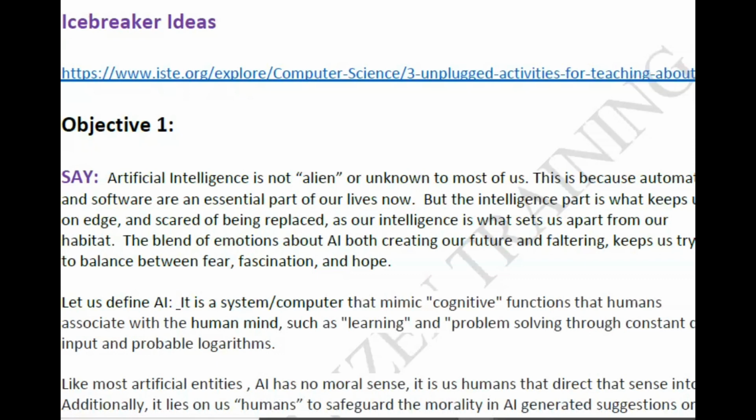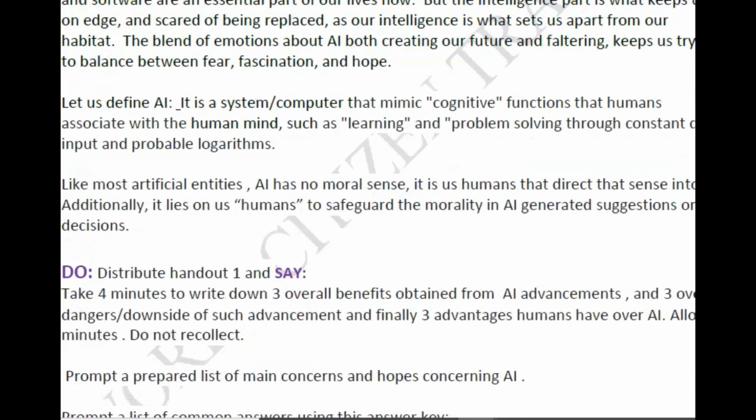So AI has no moral sense. It's humans that have to direct the human sense into it. So to a point, maybe you can teach a machine to analyze situations and choose the best or the most right option. But in terms of ethics or what we would describe as civility, this human kindness and the tonal aspect, the nuances of relationships and rapport, AI is really amazing already, but it's not quite human yet.